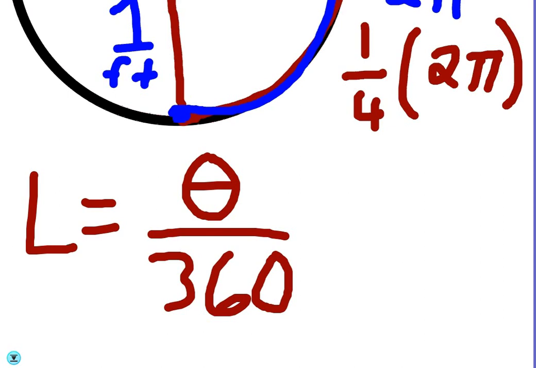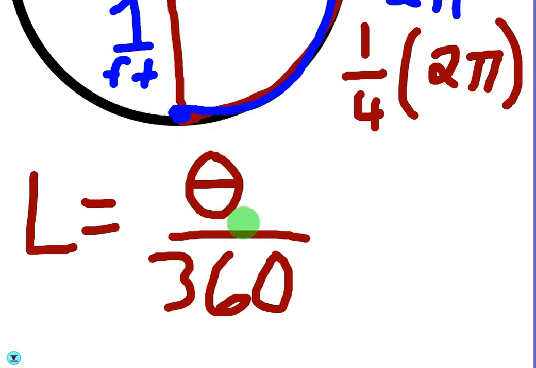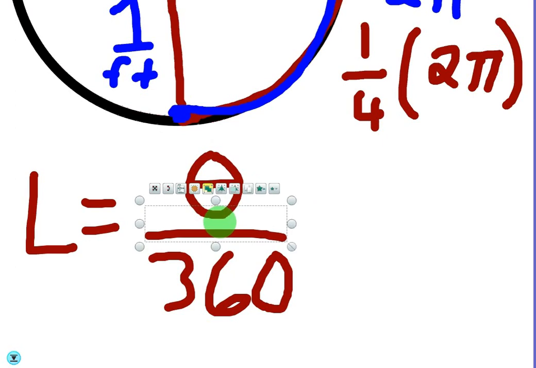So how he figured that out was he plugged in 90 for theta, and 90 over 360 gives you 1/4. So whatever your angle is, if you divide by 360, that will give you the percentage of the circle. So imagine if it was 360, then you get 1 back, right? If theta was, say, 180, you would get 1/2. So all you have to do is plug in the angle, and that will give you the fraction of the circle you're talking about.